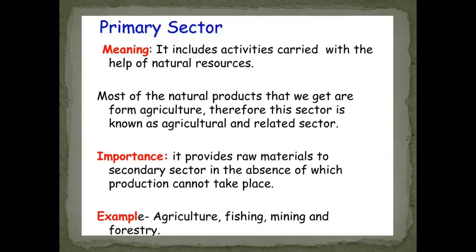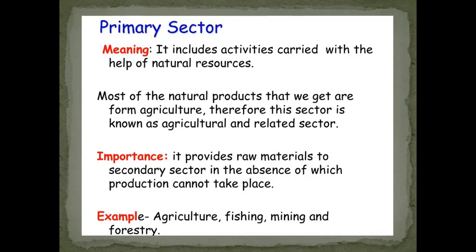What do you mean by primary sector? In the primary sector, we include those activities in which natural resources play a major role, whereas the human resource, we human beings, play little role. 90% of the role is played by the natural resources, whereas 10% is played by us. For example, for any product which you get from agriculture, we just sow the seeds and provide proper water, that is, irrigation facility to the plants.